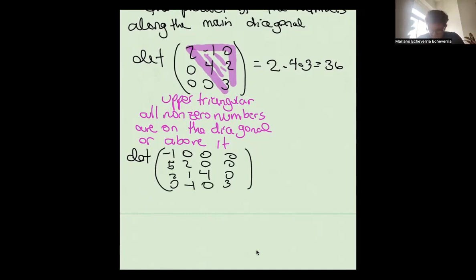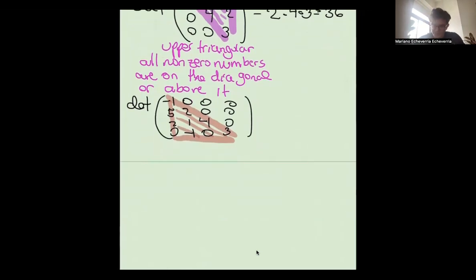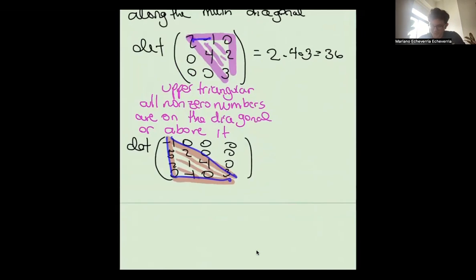If you look at something like this, it's called lower triangular because everything that's non-zero can only appear on the diagonal or below it. There is literally a triangle here. This is why they have the name triangular. So this is lower triangular.